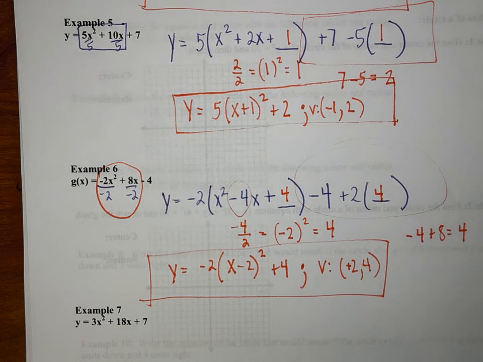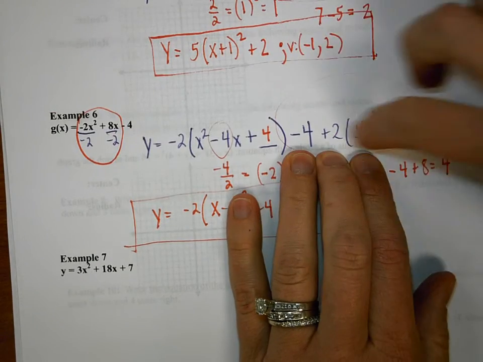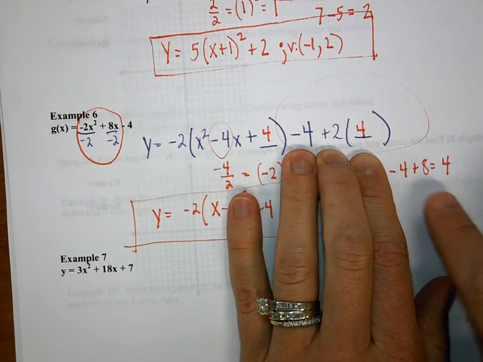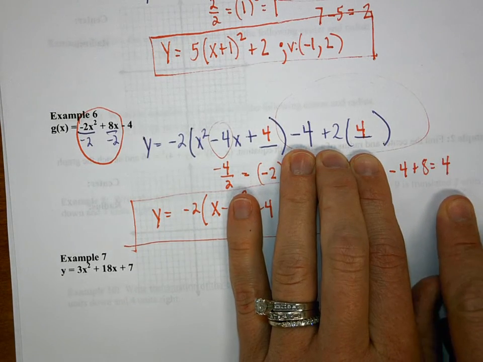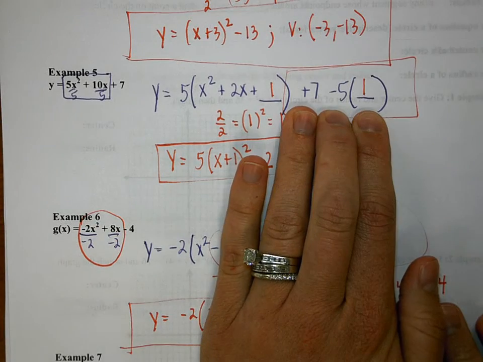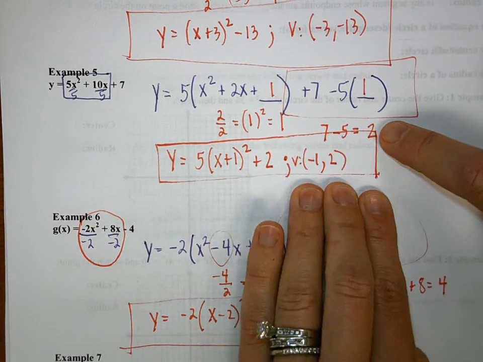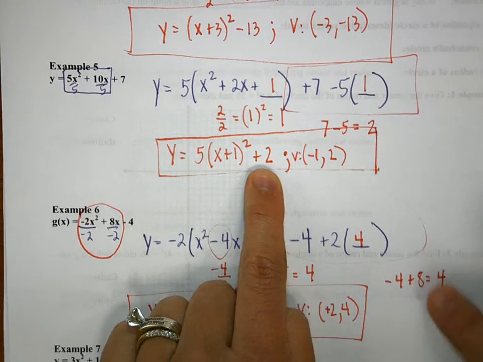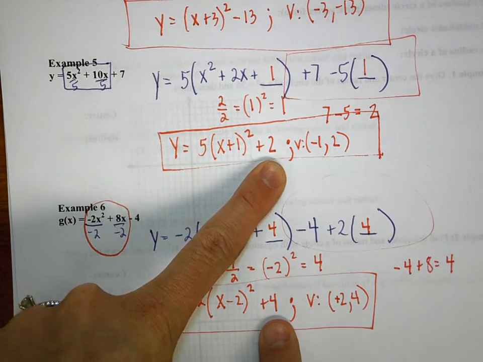This part right here, the part that's outside, simplified to be a plus 4. Over here, this plus 7 and a negative 5 times 1 simplified to be a 2. This simplified to be a 4. Are we better now? Yeah.